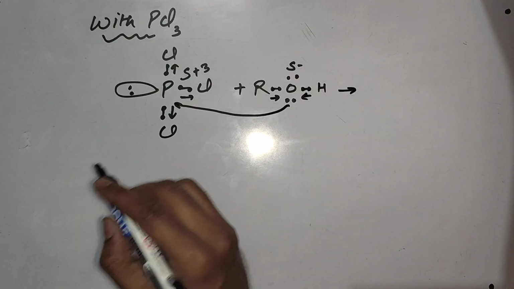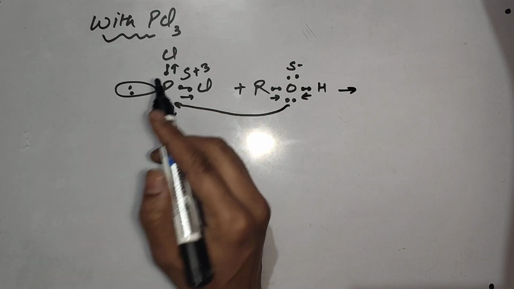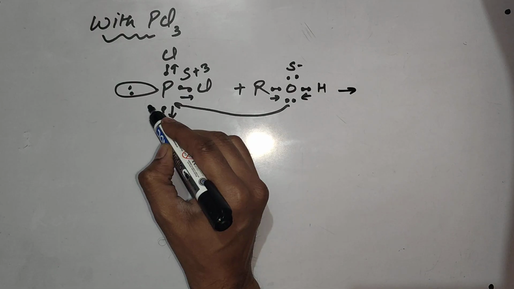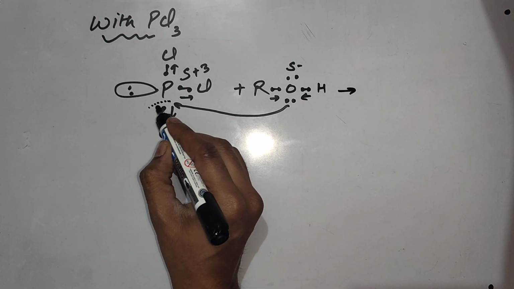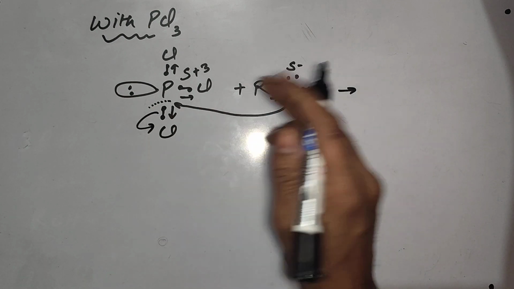Due to this attack, one chlorine bond will break, and when the bond breaks, both electrons shift toward chlorine due to its higher electronegativity, and oxygen will make a bond there.